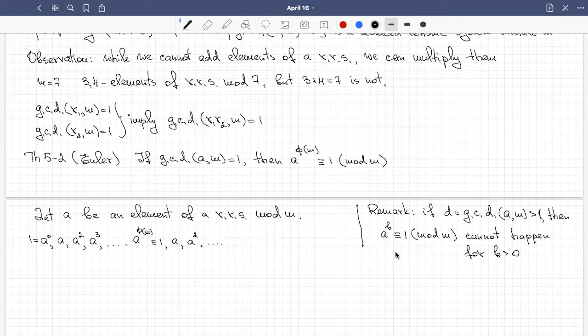Indeed, that is simply because, what does it mean? What never happens? Let us briefly recall the proof. This congruence means that M divides the difference A to the B minus 1.